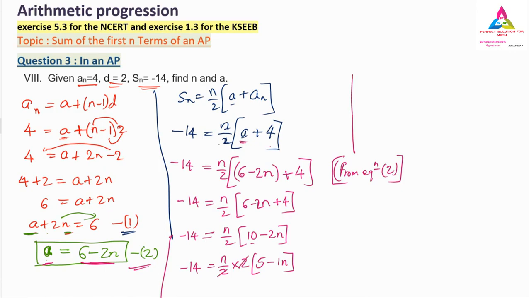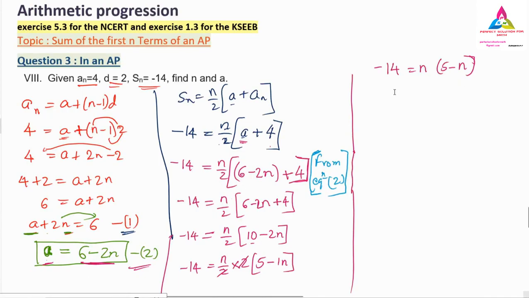I will write down here, that is minus 14 is equal to n into 5 minus n, that is 1 minus 1n, I can write as n only. Now what is the next step? The minus 14 we write as it is.